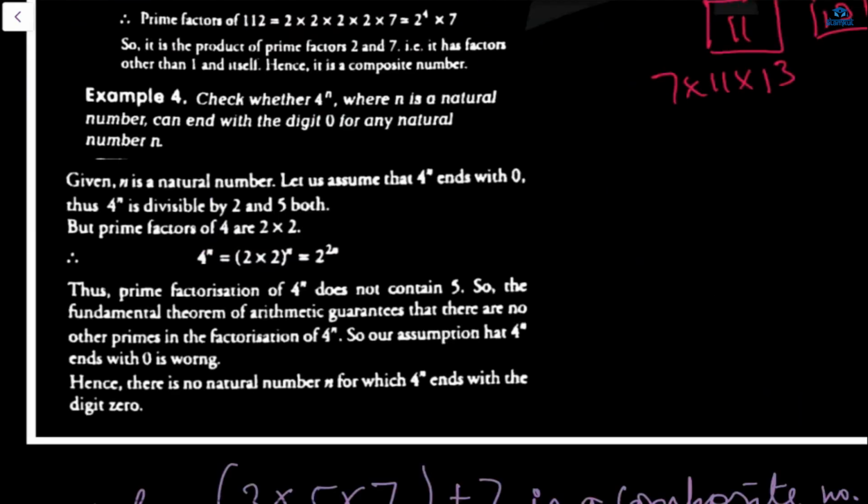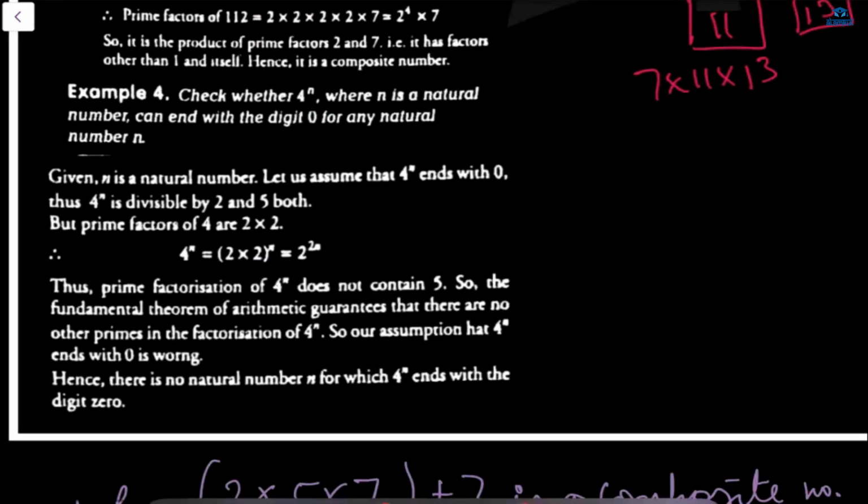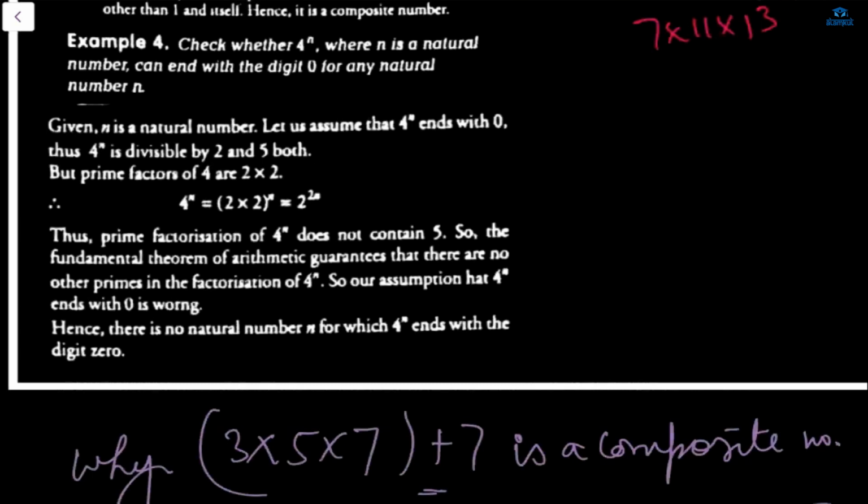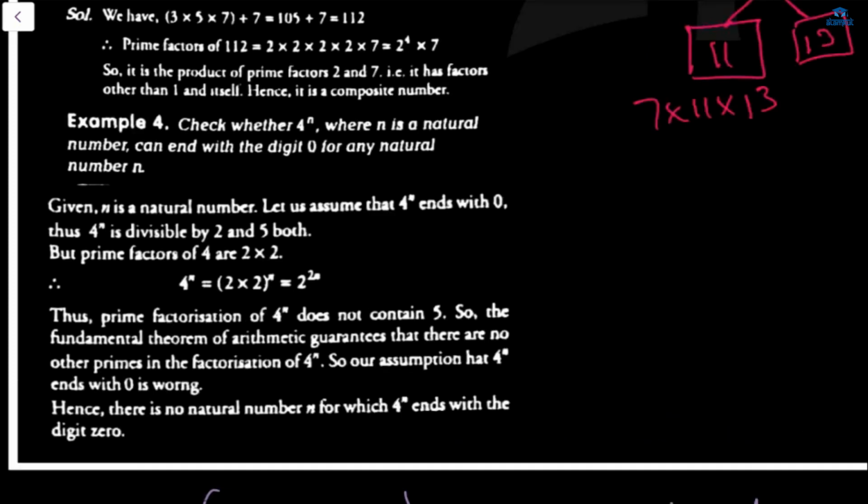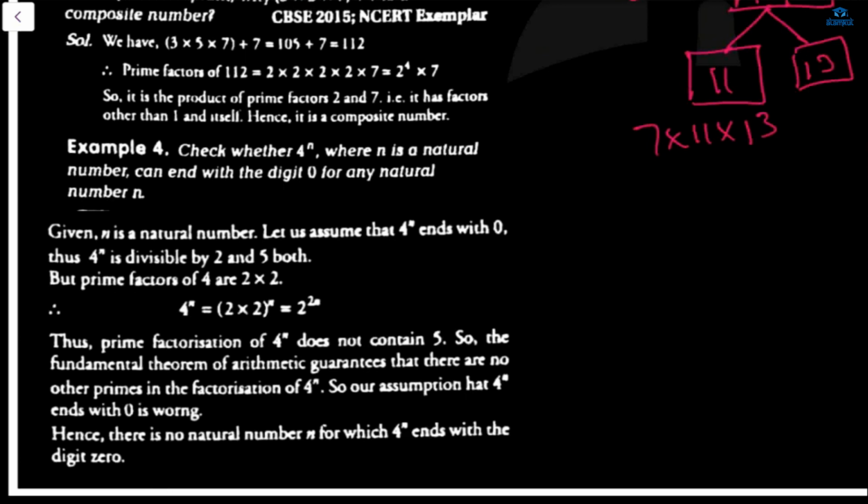Now, next question. Given n is a natural number, check whether 4 to the power n, where n is any natural number, can end with the digit 0.